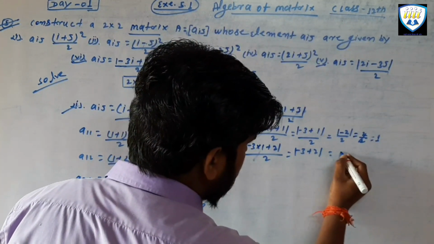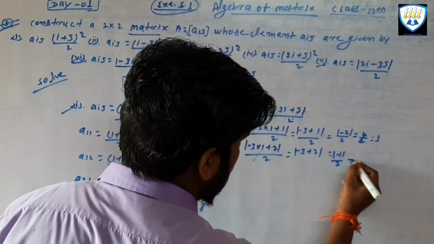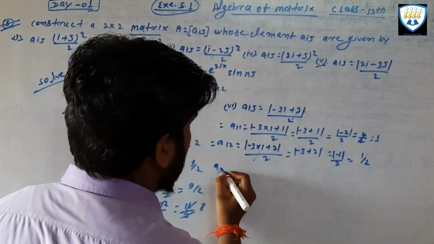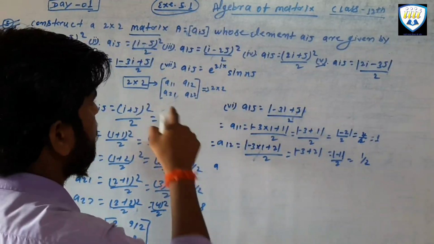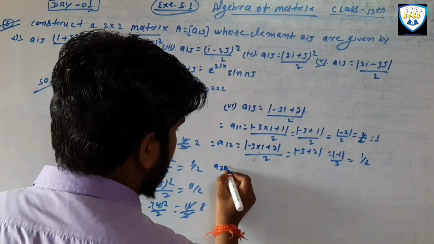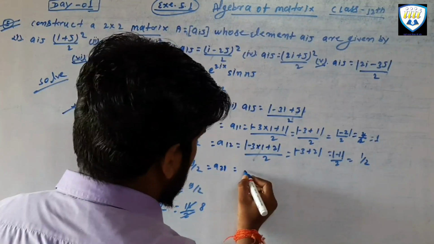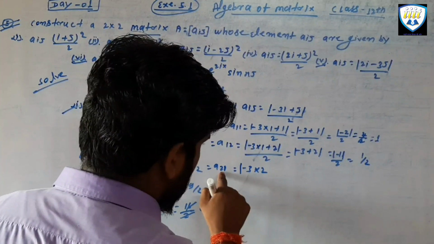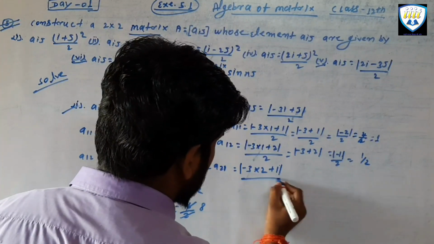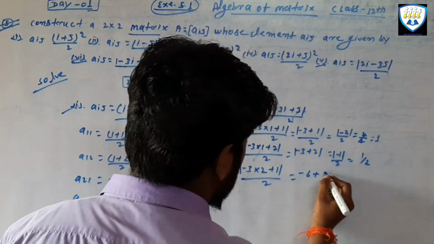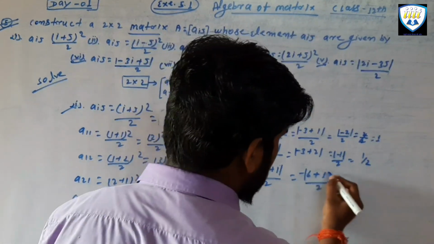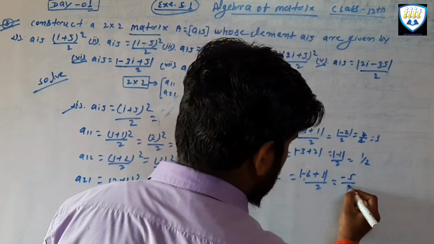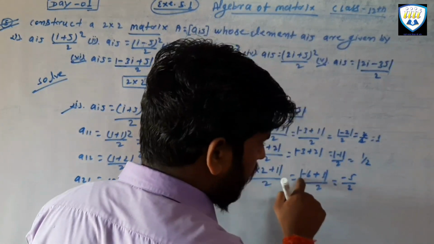Minus 1, mod upon 2, that is 1 upon 2. A 2 into 2 matrix: A21 is 2 minus 3, ij upon 2, 6 minus 1 upon 2, mod, which is 5 upon 2.